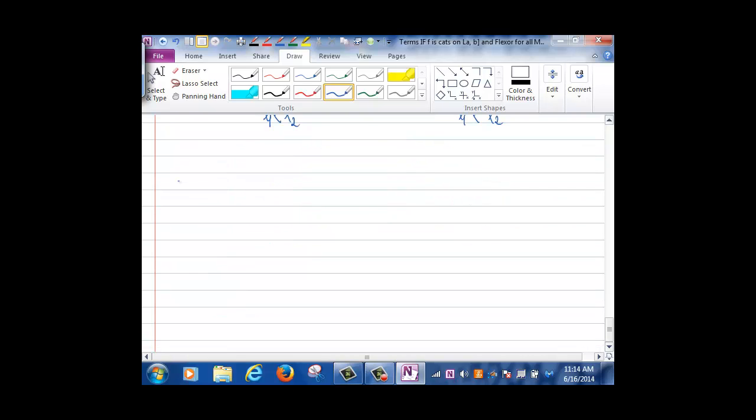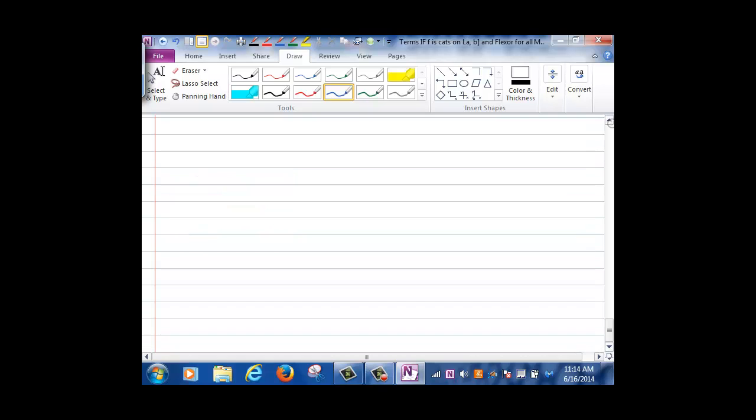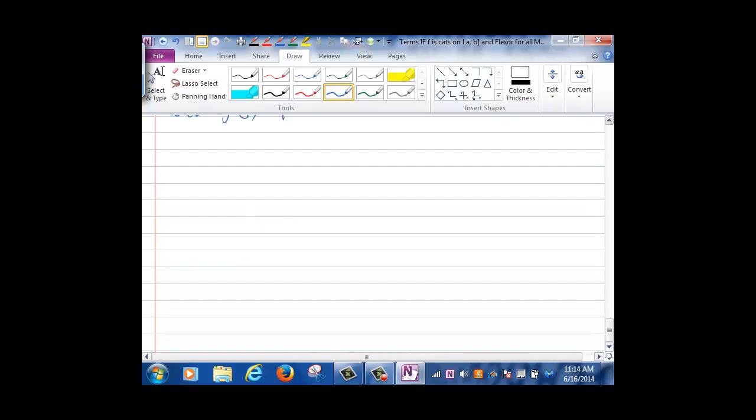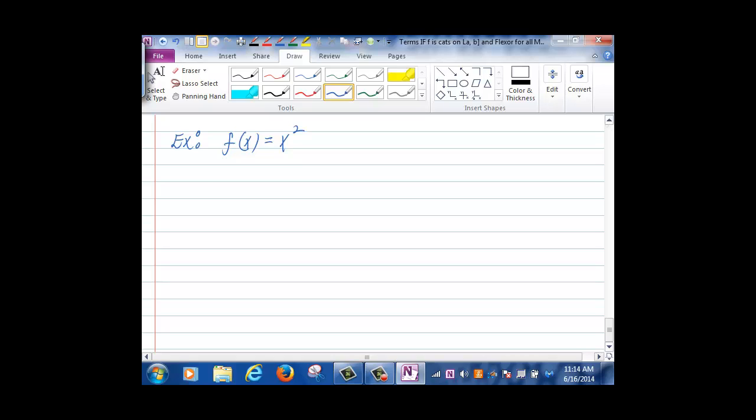Here is an example. If I have the function f of x equals x squared, and I ask you to determine where this function is increasing and decreasing, what would you say? Everybody knows the graph of the function x squared, right?